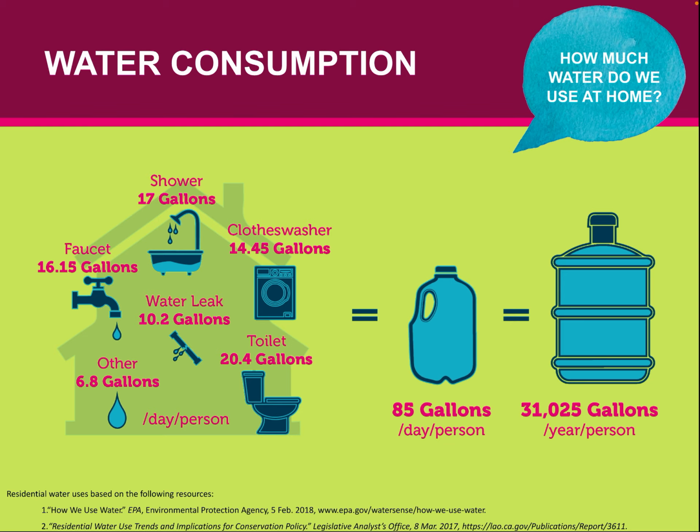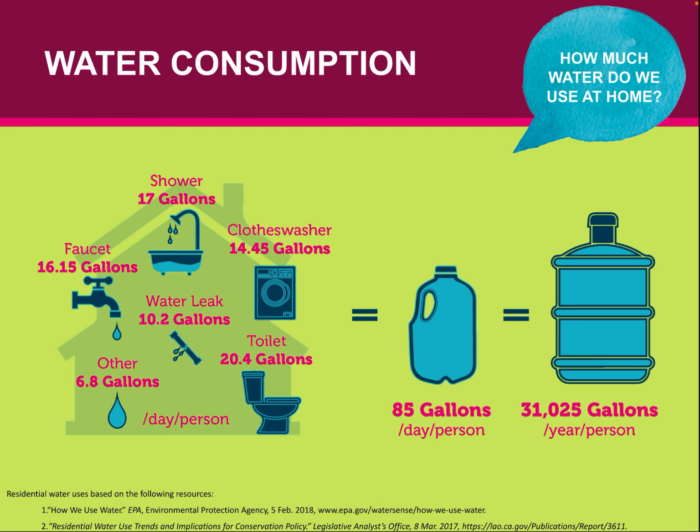The average toilet water usage per person per day is 20.4 gallons, and then other such things like water leakages in the house that are unknown is about 10.2 gallons per person per day, and then other random things such as maybe using the hose in the backyard, about 6.8 gallons per person per day, which adds up to 85 gallons per person per day, which then again adds up to about 31,025 gallons of water used per year per person.